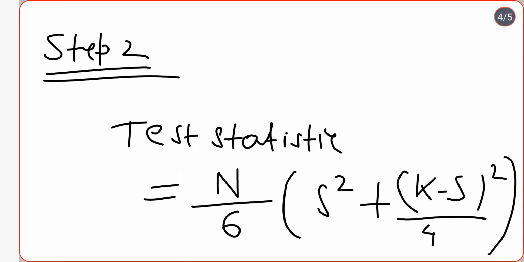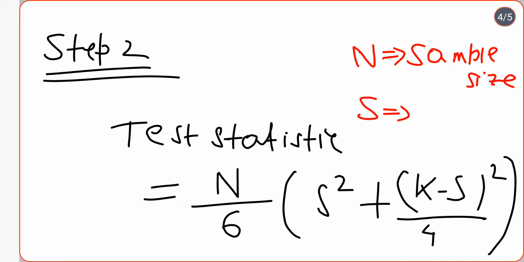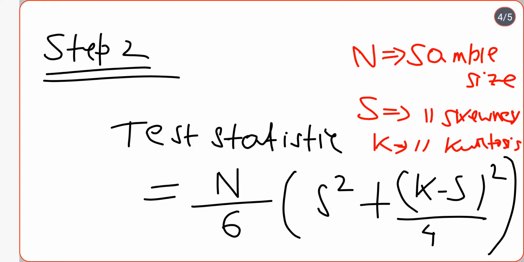I may not go into the derivation of this test statistic, but this is the Jarque-Bera test statistic. Here n denotes the sample size, S denotes the sample skewness, and K denotes the sample kurtosis. All of this will be given in the question or in the data set.